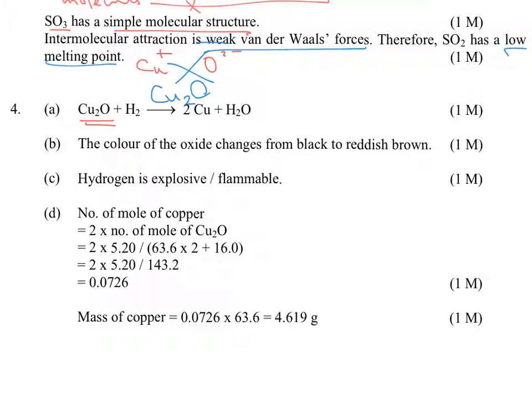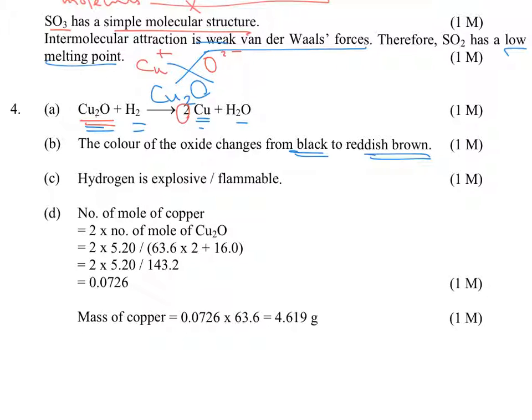And it reacts with hydrogen to form metal and water. This one should have 2 here to balance the equation. And then it asks you about the observation. Copper oxide is black in color, and the copper formed should be reddish brown in color. Not so difficult, you should know it.